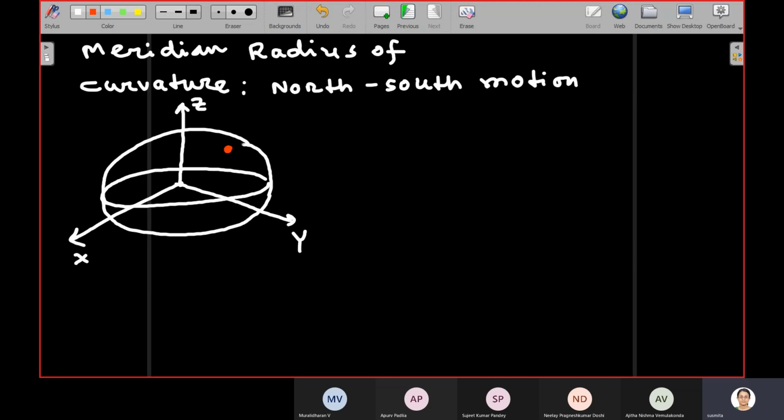We want to find the north-south or meridian radius of curvature at this point. So what we do is, we take a cross section of the ellipsoid in the north-down plane, or basically a vertical cross section of the ellipsoid. So this is north, this is down, and this is east. So if we take a vertical cross section of the ellipsoid passing through this point, we get this ellipse.